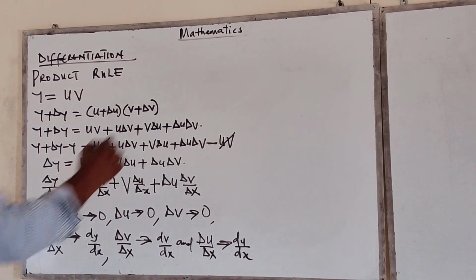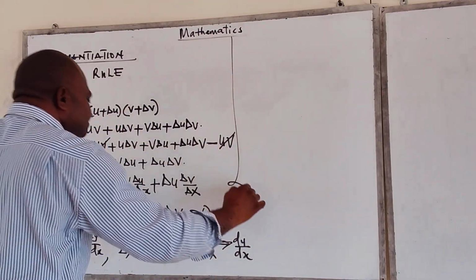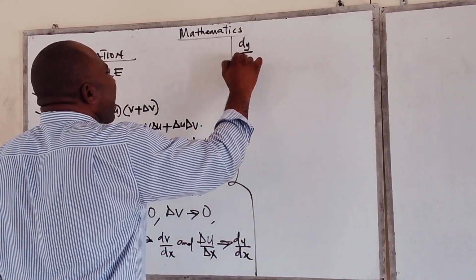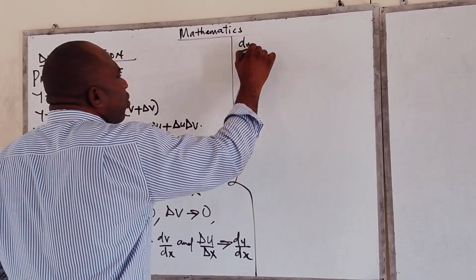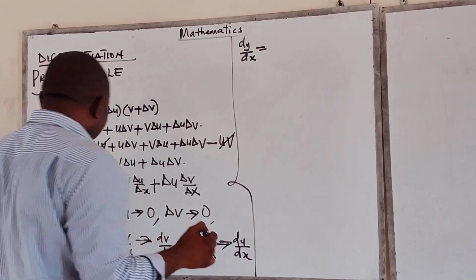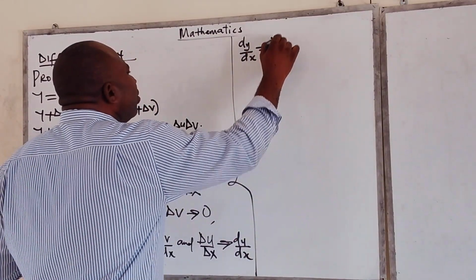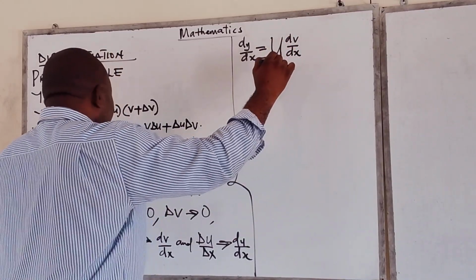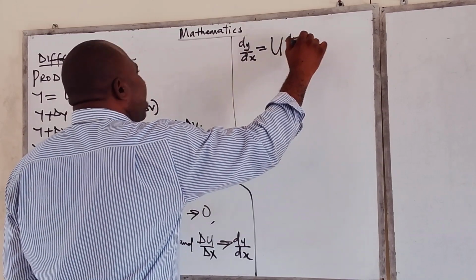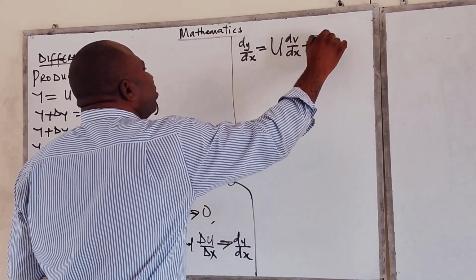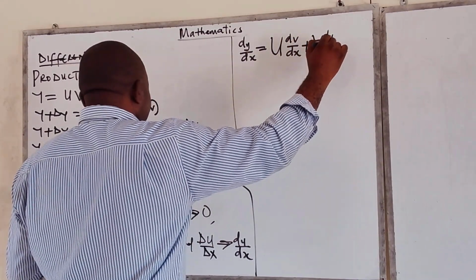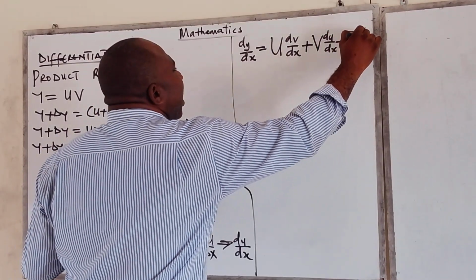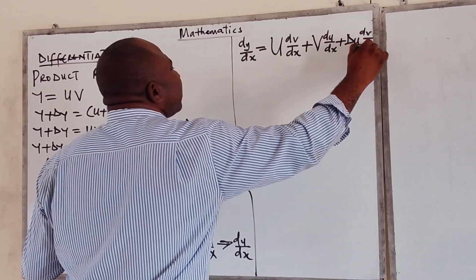So it therefore means that dy all over dx will be equal to u dv all over dx plus v du all over dx plus delta u, and here we have dv all over dx.